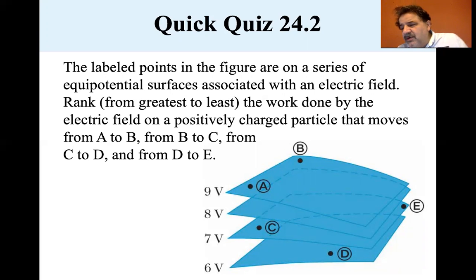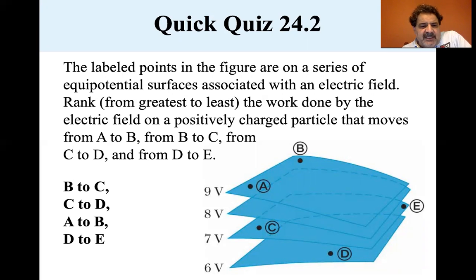That's a minus 2 volts. From C to D, that's a minus 1 volt. And from D to E, that's going up 1 volt. So in ranking them, there would be B to C, C to D, A to B, and D to E.